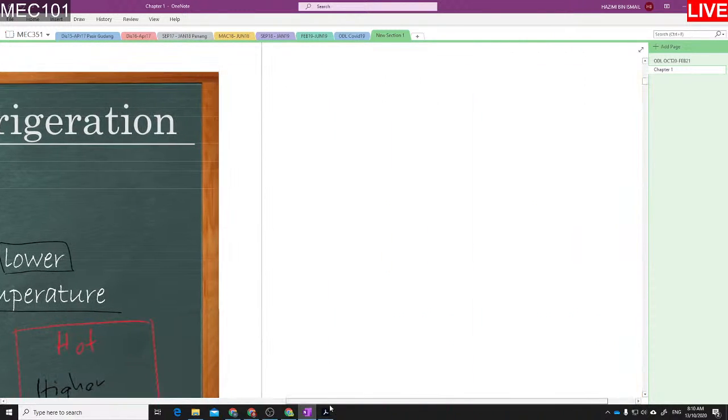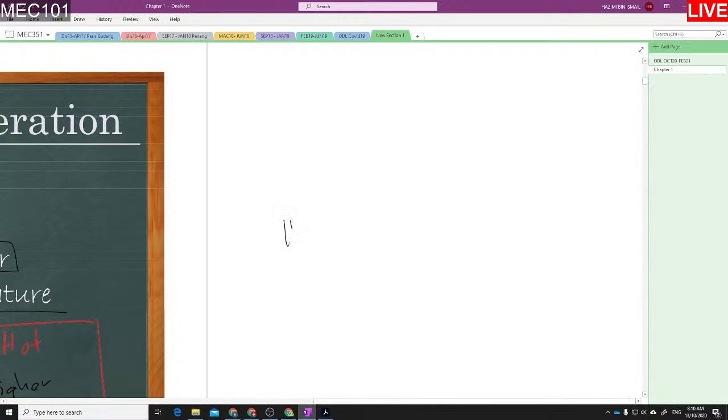if you have a hot source and a cool source, by logic, hot source means high temperature, cool source means low temperature.